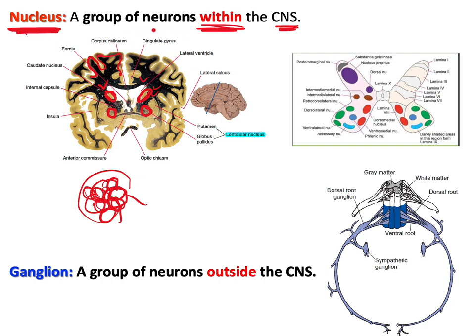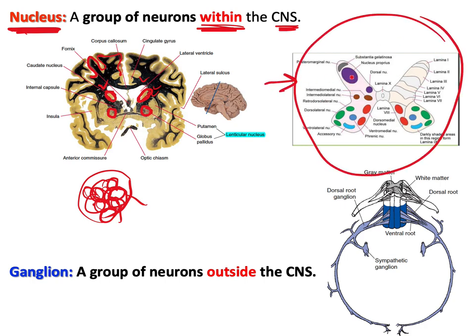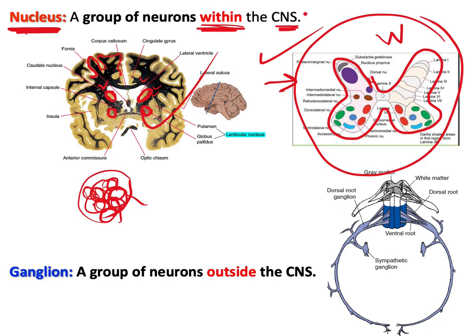But these kinds of groups of cell bodies of neurons also aggregate elsewhere. This is a spinal cord, right? So it's a white matter here, and there is a gray matter like a butterfly. Again, we talk about brain and spinal cord, that means central nervous system. Look at these nuclei. These are also aggregations of cell bodies of neurons.